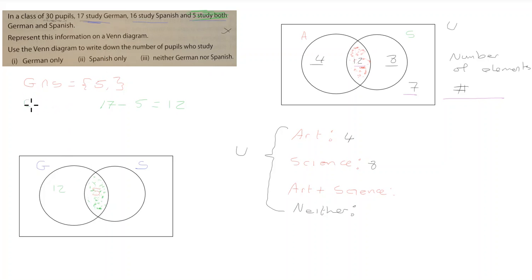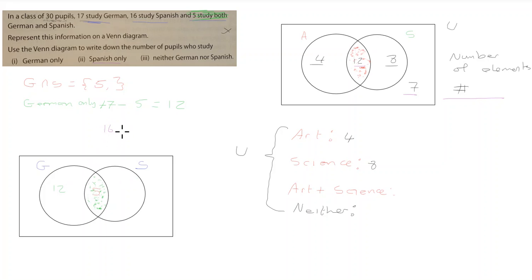German only. Okay, so that's the students that study German only. Then let's think about the number of students that study Spanish only. Again, here we have 16 students that study Spanish. But remember, within that 16, some of them are going to study German as well.